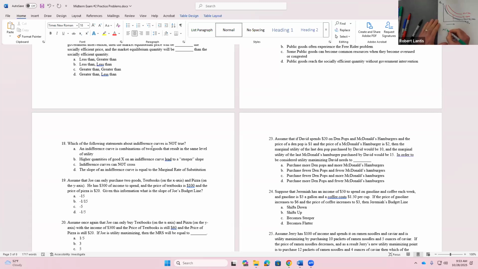We would call that the marginal rate of substitution, or this is where it's a little bit counterintuitive. When we look at this graph, you would calculate the slope using the change in the quantity of Y over the quantity of X. When we're talking about the marginal rate of substitution, we're not writing that in terms of quantities. We're writing that in terms of marginal utility, right? So this is where it gets kind of flipped, right?